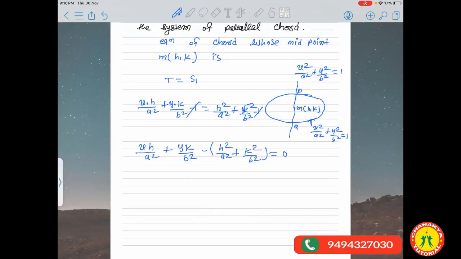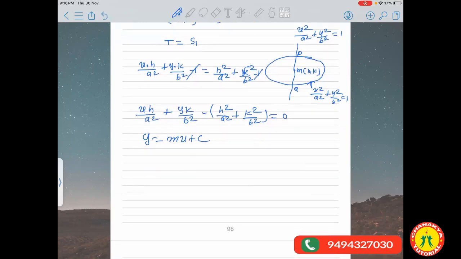Compare with y equal to mx plus c. The slope will be minus of coefficient of x upon coefficient of y, right? So slope is equal to minus h by a square upon k by b square, right?